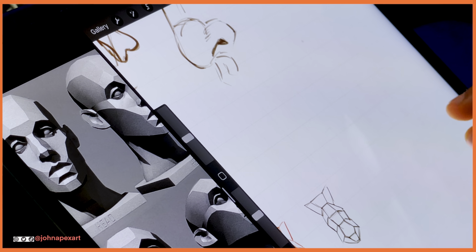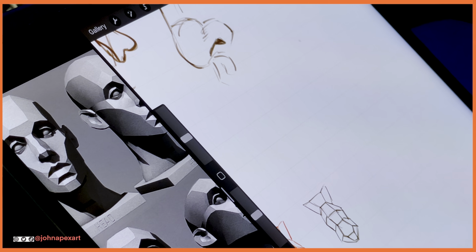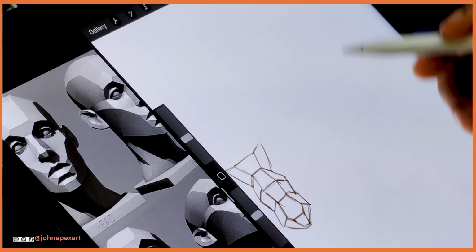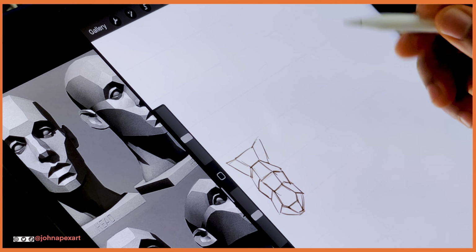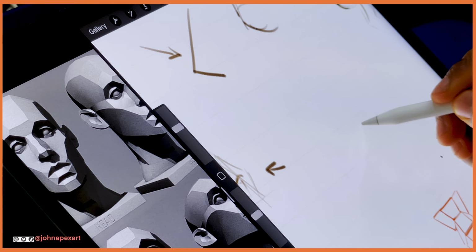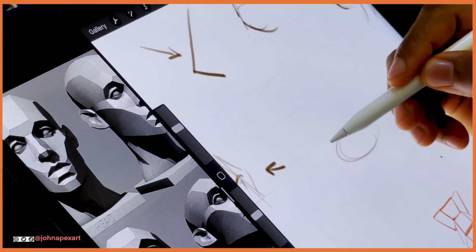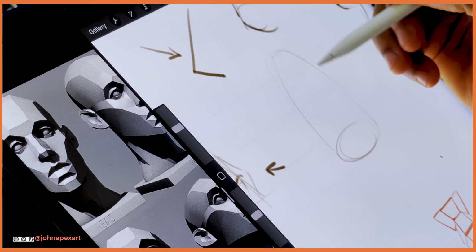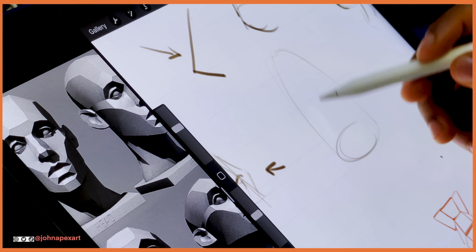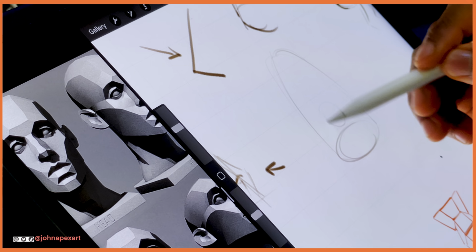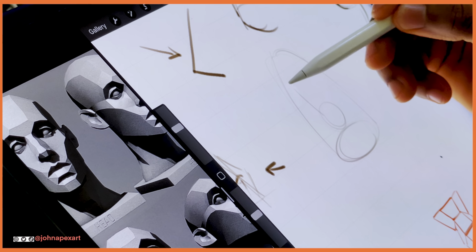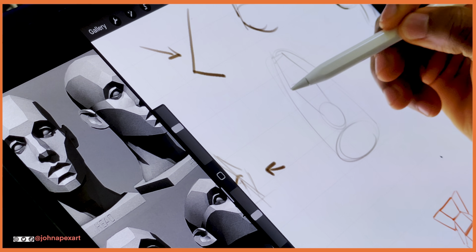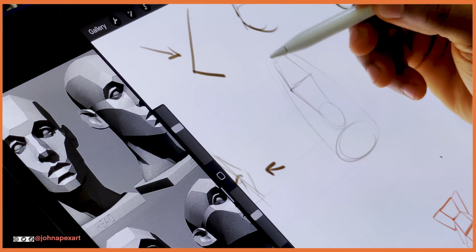Wait, I forgot to mention this, but another way I'll be approaching the plane, rather than just this box shape, I would also go back to my cone. So draw a cone, and then we'll have our ball, and then our upper and lower cartilage.